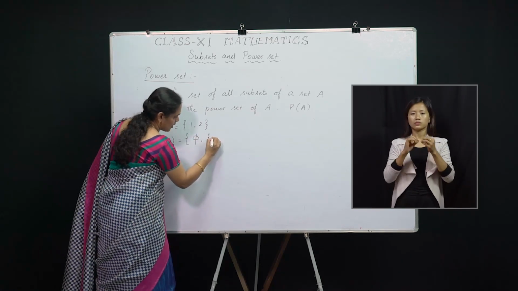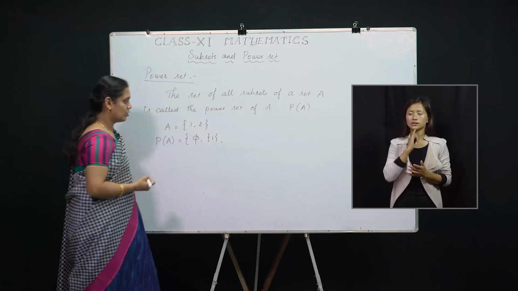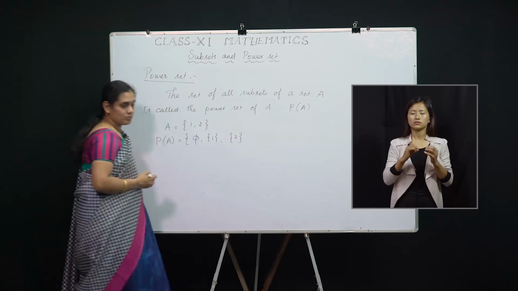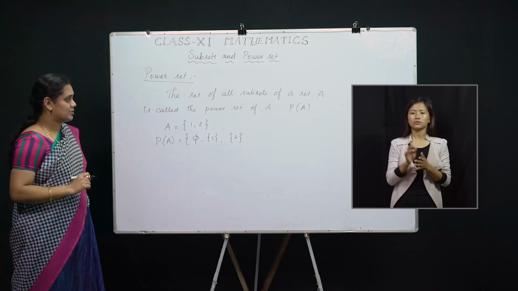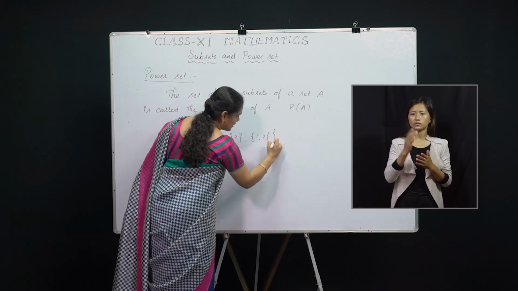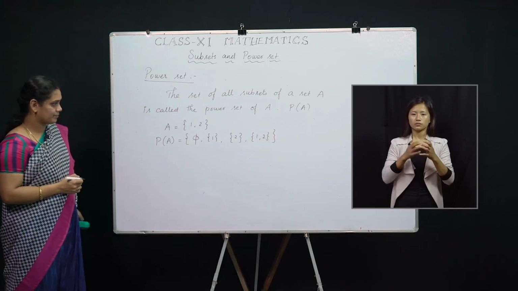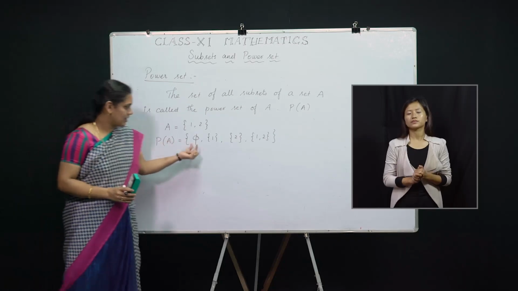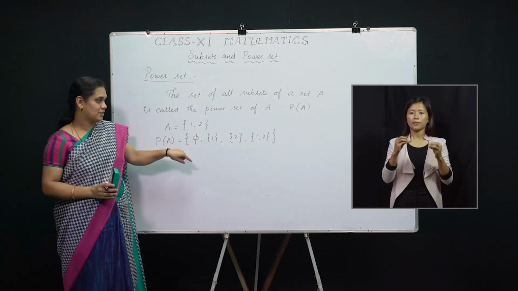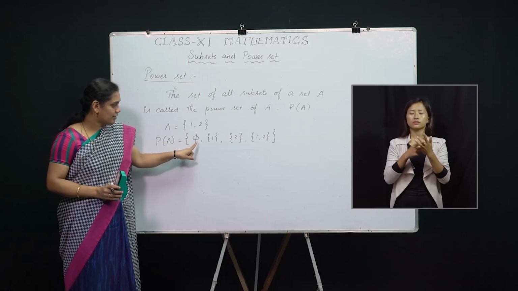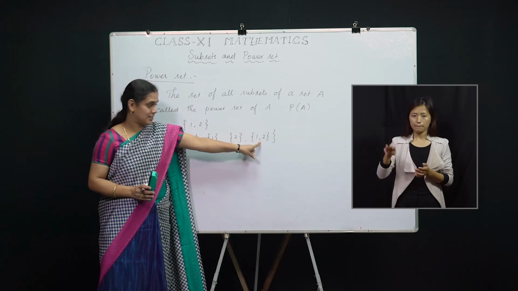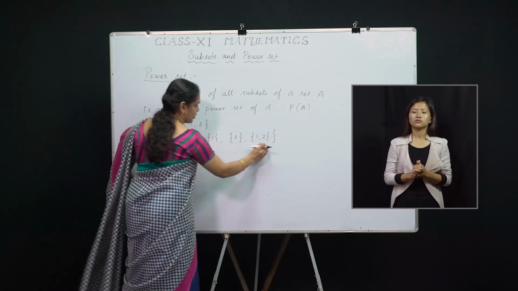Then {1} is a subset of {1, 2} or not? Yes. And then {2} is a subset of {1, 2}. All the possible subsets we have to write. And then {1, 2}, because every set is a subset of itself. You see here, every member of the power set is also a set. So don't get confused. Every member should be a set. See, we have brackets.